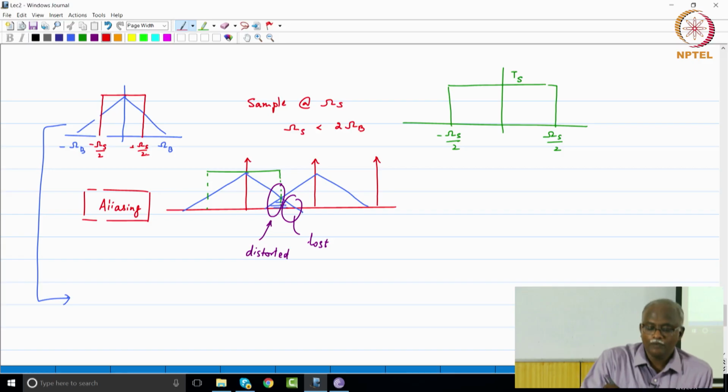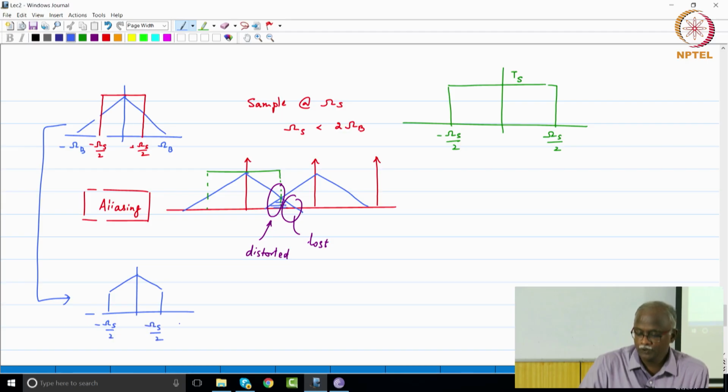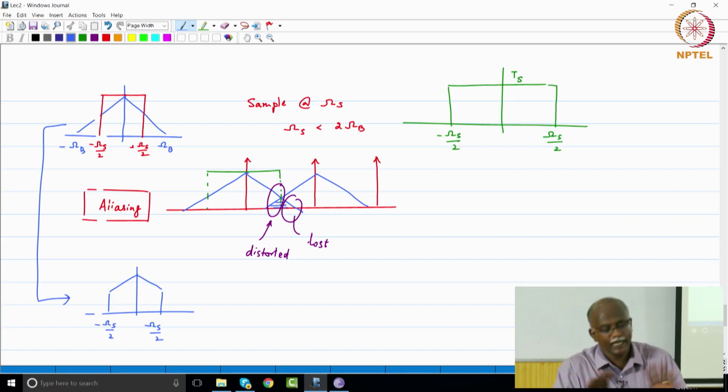So, what I will be left with is a spectrum that is in the range minus omega s by 2 to omega s by 2, and now if I sample it at omega s, then I basically will get aliasing free, right. Basically I avoid aliasing. Reconstruction is still tricky because you are going all the way to the band edge, but at least I have avoided aliasing.